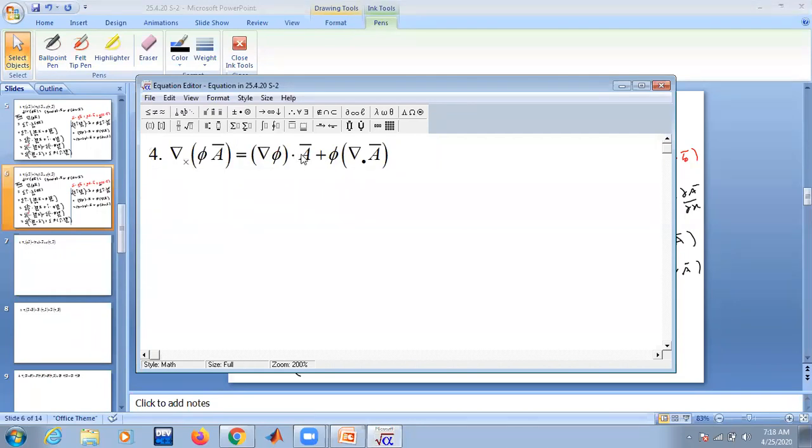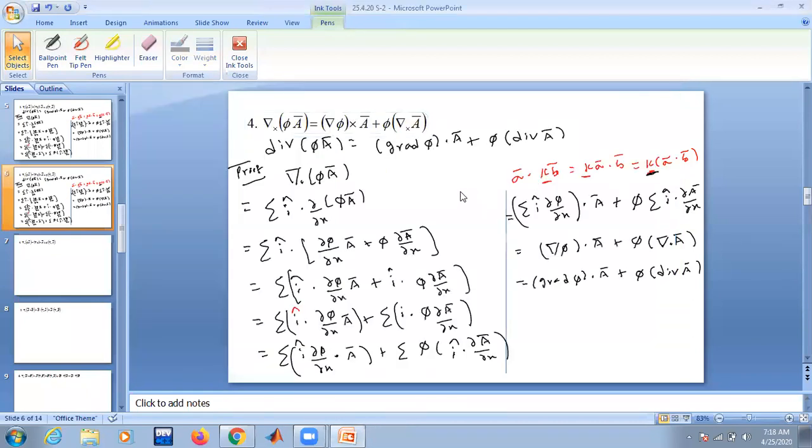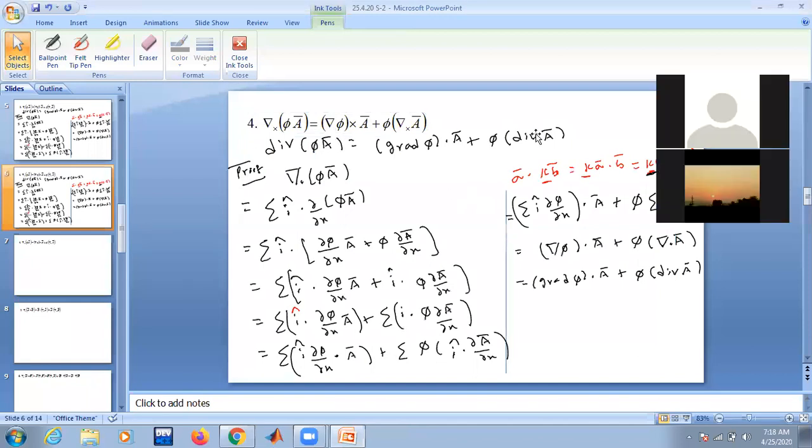Okay, so wherever dot is there, replace dot with the cross product. Then what does the result say? Curl of phi a bar is equal to grad phi cross a bar plus phi into curl a bar.